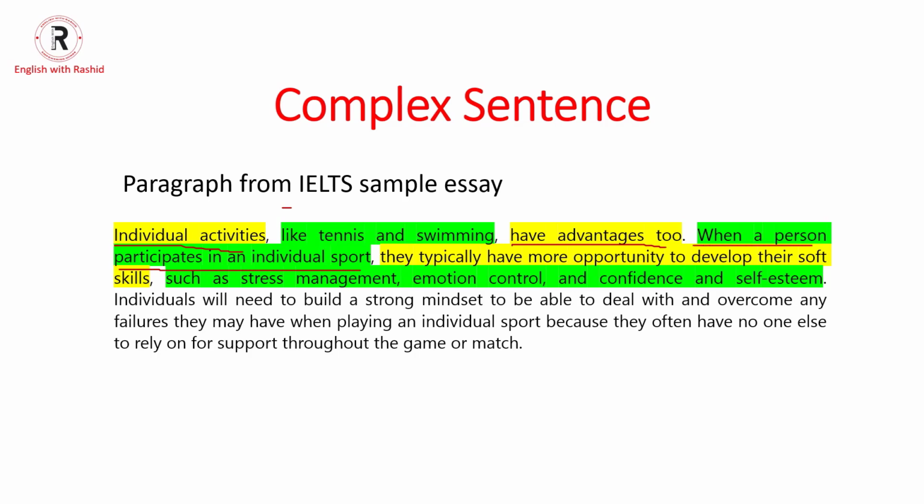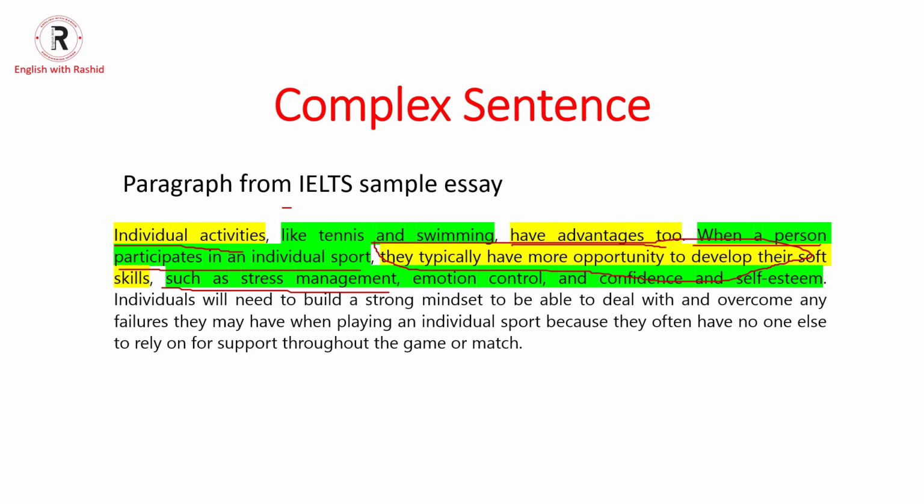They typically have more opportunity to develop their soft skills. This is an independent clause and can stand on its own. And the last one is an example in the same sentence, such as stress management, emotion control, confidence, and self-esteem. It's another dependent clause. So this particular sentence has two dependent clauses and one independent clause.